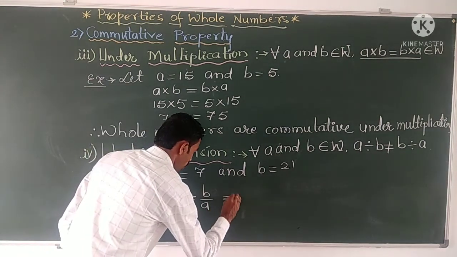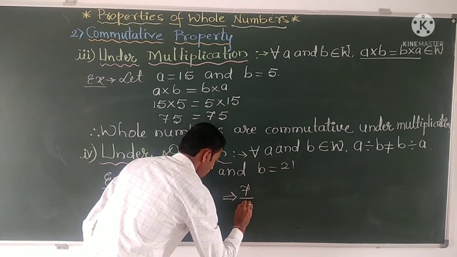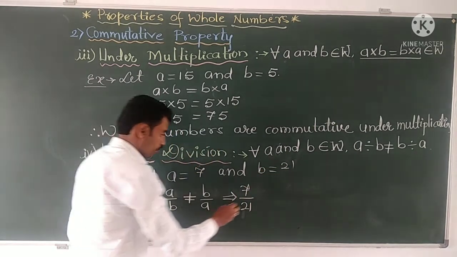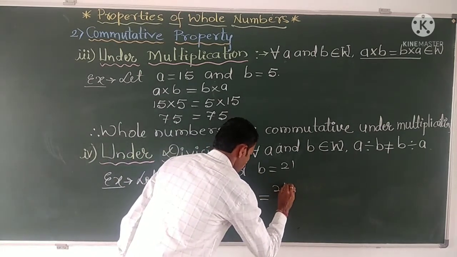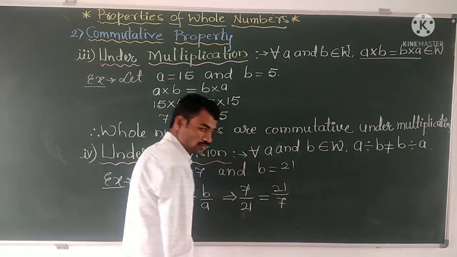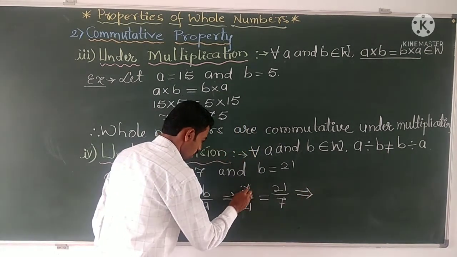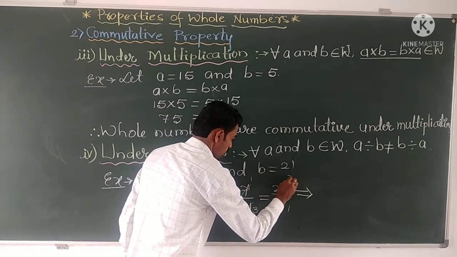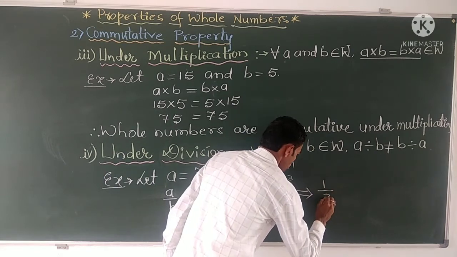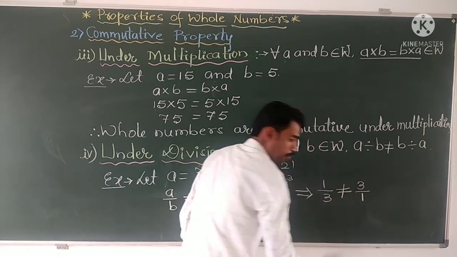So what do we obtain? 7 by 21, where A is 7 and B is 21, is compared with B by A, that is 21 upon 7. Are they equal? No, they are unequal. 7 ones are 7, 7 threes are 21, so 1 by 3 is not equal to 3 by 1.